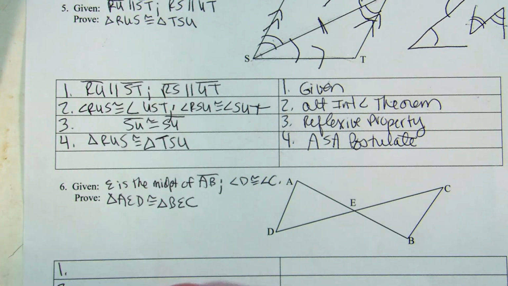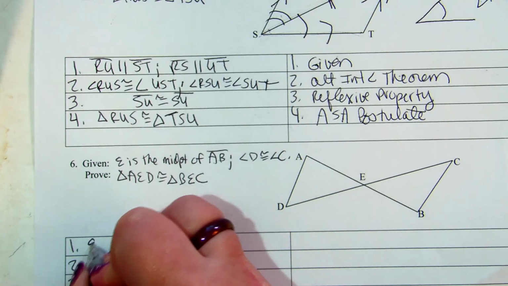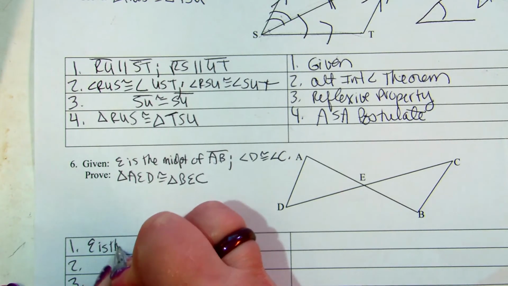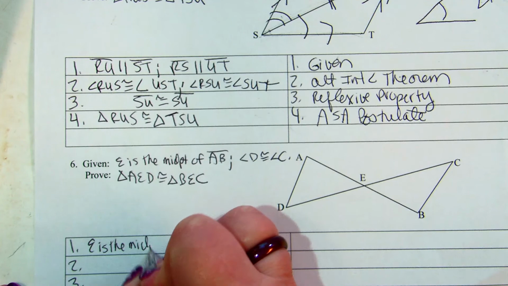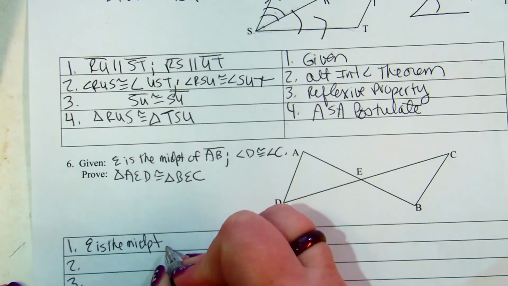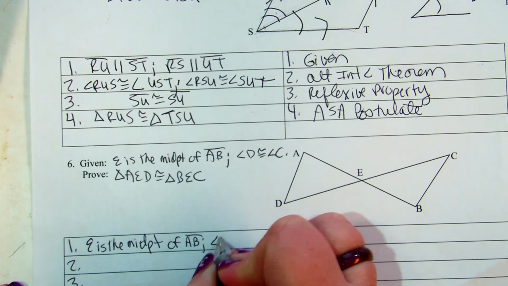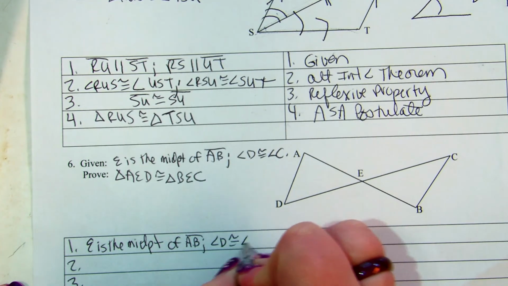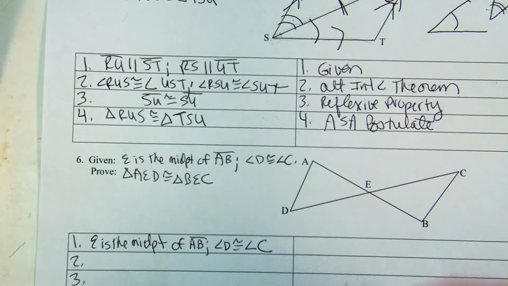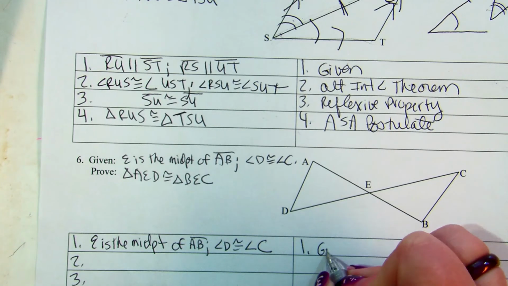And then on our last one, E is the midpoint of AB. Angle D is congruent to angle C. Given.